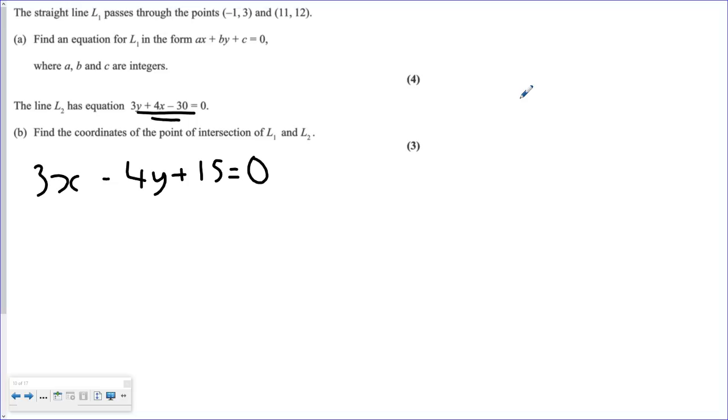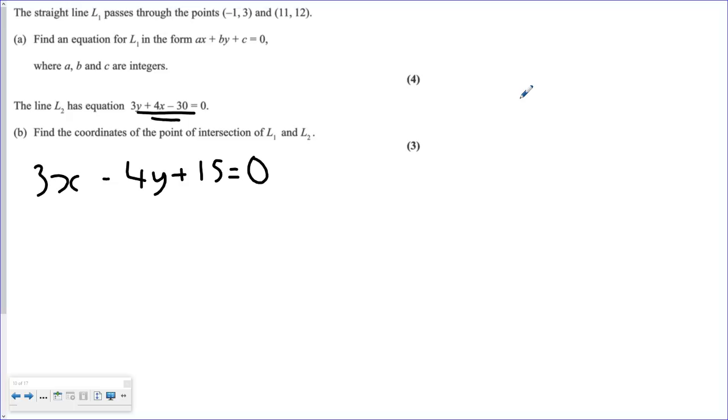So we just found what L1 is, and we're told that L2 is 3y plus 4x minus 30 equals 0. Now what I need to do is find the coordinates of the point of intersection of L1 and L2. When I'm looking at lines or lines and curves meeting, I should be thinking I need to solve these simultaneously. So when I want to see where these two lines meet, I'm going to solve them simultaneously.